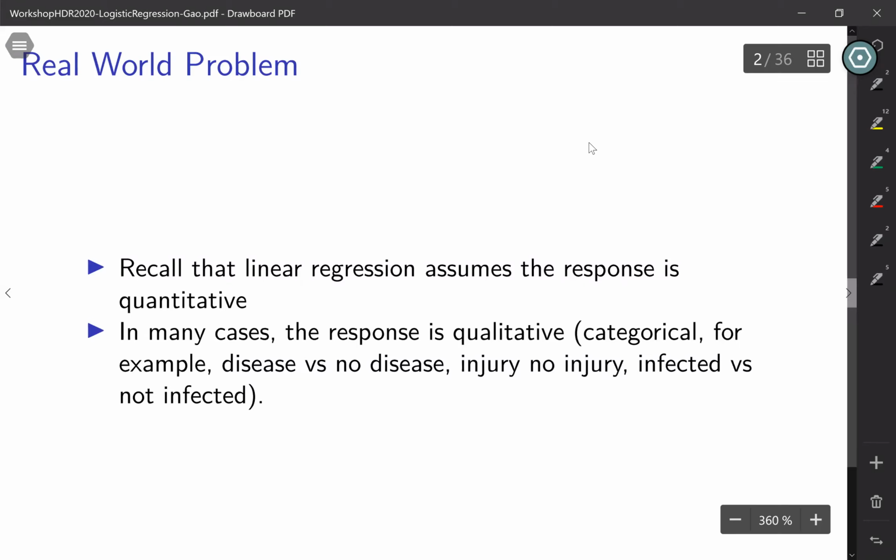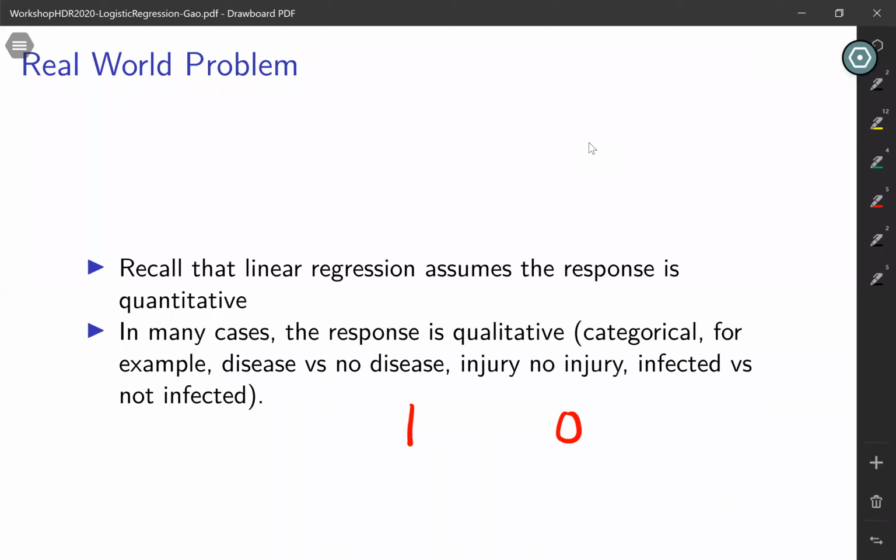Usually if we code it, it's very common to use 0 and 1, where 1 represents infected and 0 represents non-infected. Later on, you'll see I just use 1 or 0. This is just the two possible outcomes of the binary outcome variable.